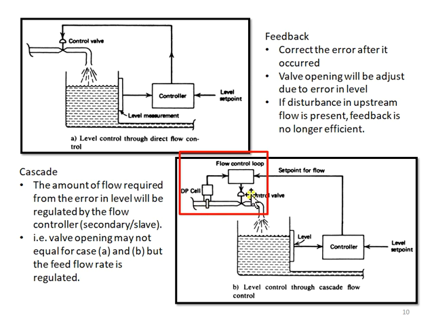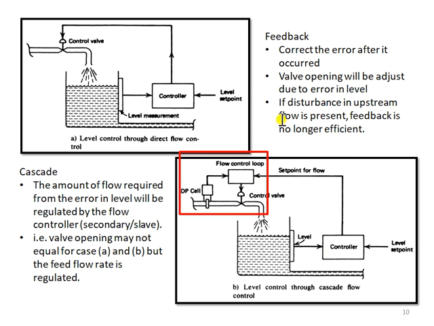So the outcome of this control loop is that the flow rate is well regulated as required by the set value. The source of this set value is the primary loop controller.